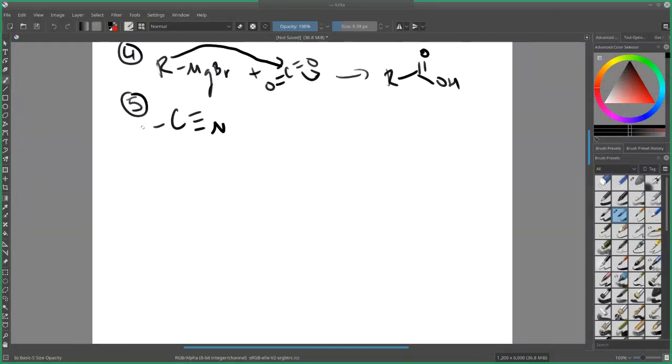So if you have a nitrile, then you are able to do acidic cleavage of a nitrile, and then that will turn it into an acid. Nice. Okay.